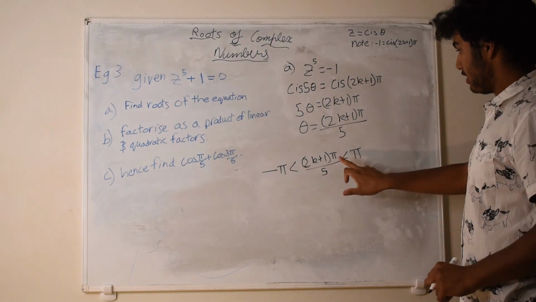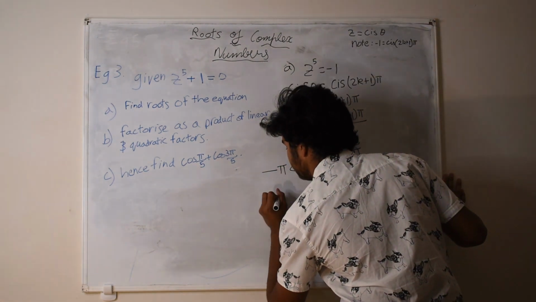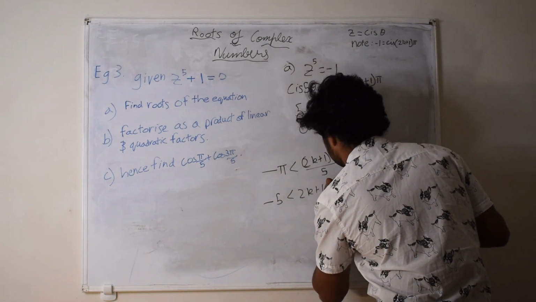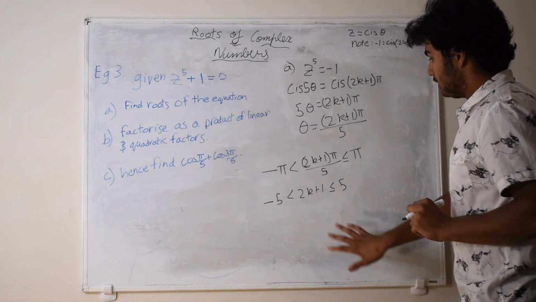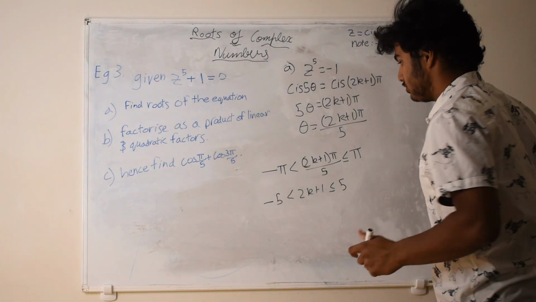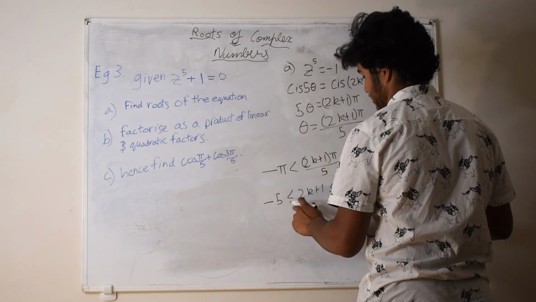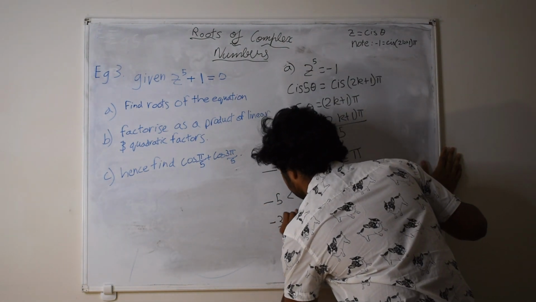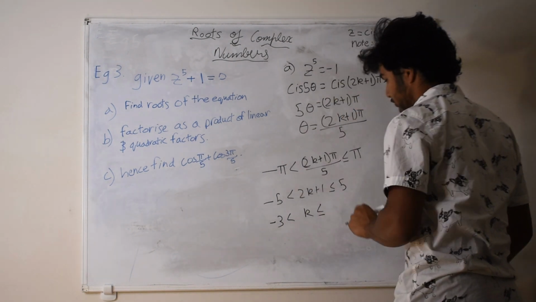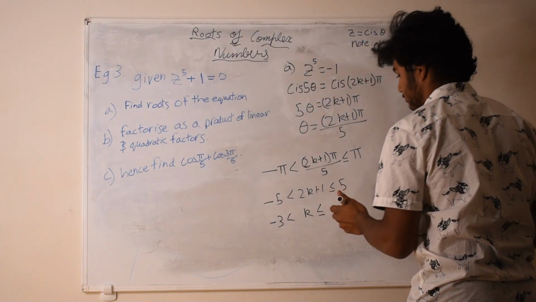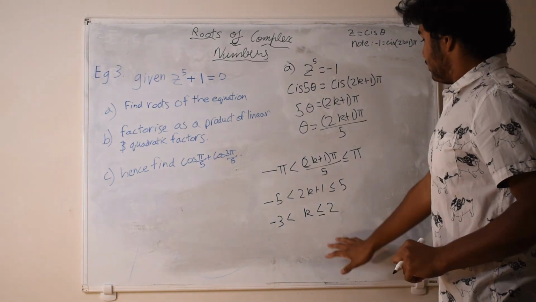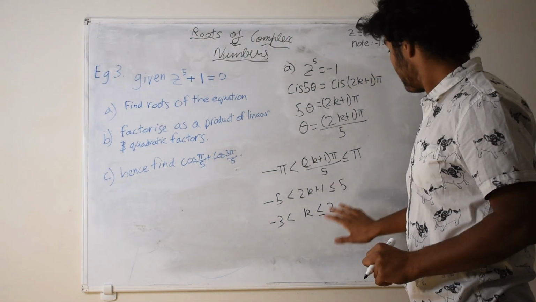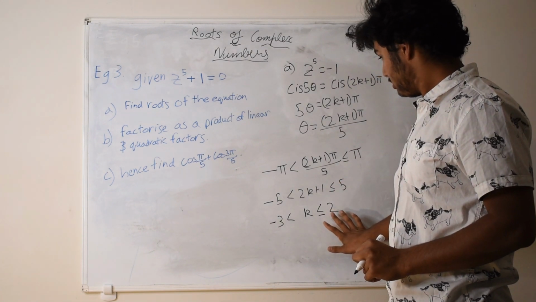Multiply both sides by 5 and divide by pi, we get negative 5 less than 2k plus 1 less than or equal to 5. Minus both sides by 1 and divide by 2. So minus 5 minus 1, minus 6 upon 2 is negative 3. Less than k, less than or equal to 5 minus 1, 4 divided by 2 is just 2. So we know that the values for k lie between negative 3 and 2.